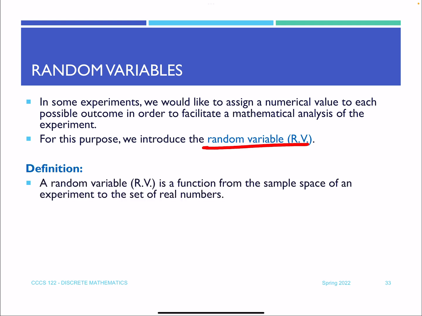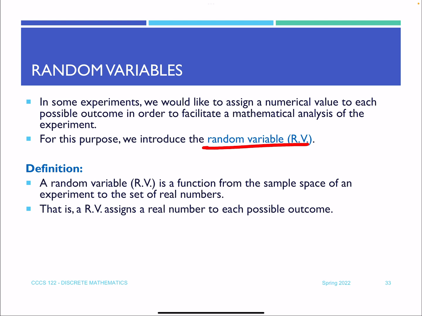So a random variable is a function from the sample space of an experiment to a set of real numbers, a mapping from an outcome to a number. A random variable assigns a real number to each possible outcome.